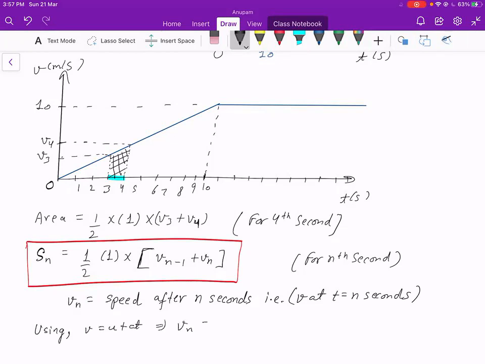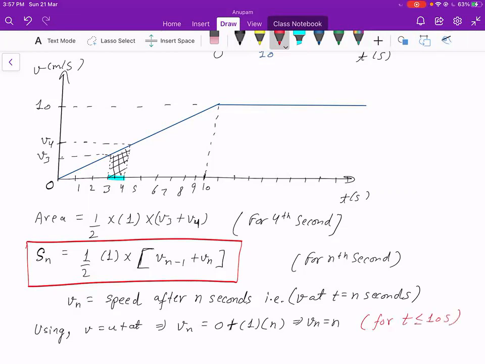Vn is equal to, what is the value of u in this question? 0. Good. And a is how much? 1. And t is n. So that will give me Vn equal to n. But mind you, there is a condition here: t smaller than or equal to 10 seconds.